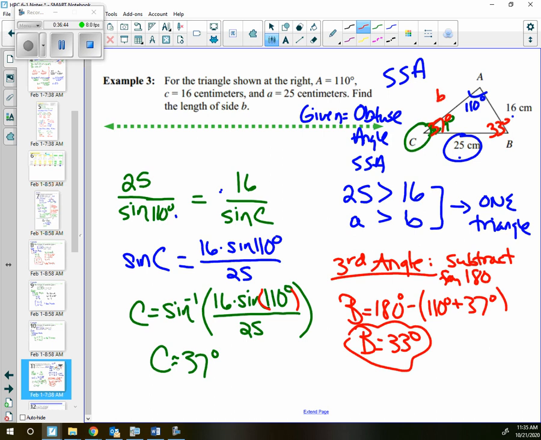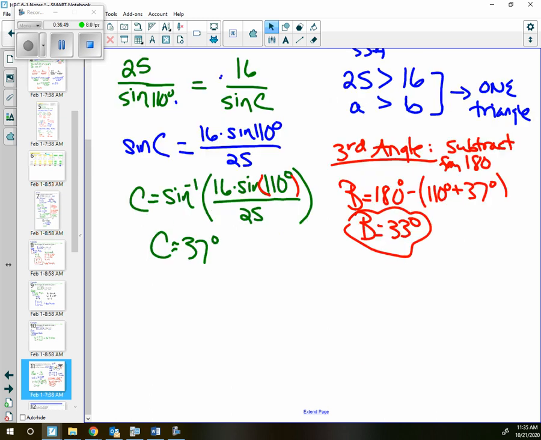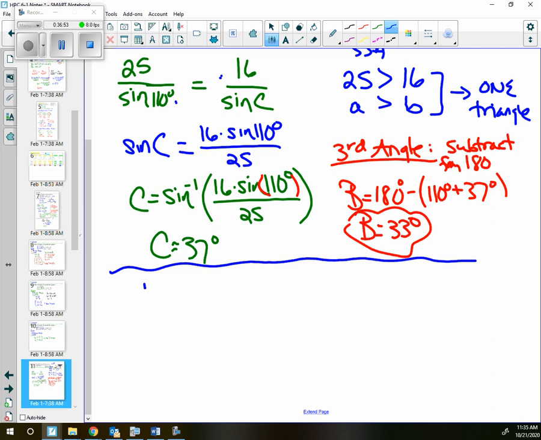We're going to go back and do a law of sines proportion. And remember, you always want to use the given information. So I'm going to find that last side, the third side, and we're going to use law of sines. So I'm going to set up 25 is to the sine of 110 degrees, as little b is to the sine of angle B, which was 33 degrees.